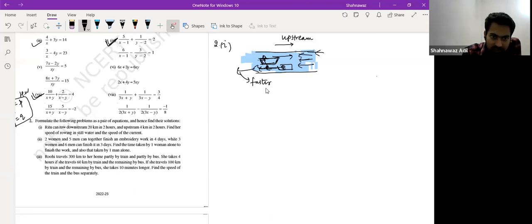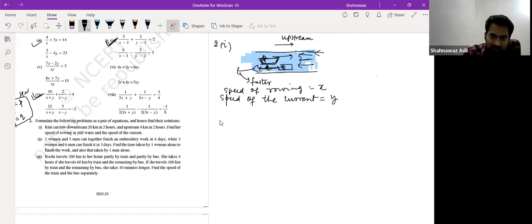Upstream and downstream, and the flow of the river, so the speed of the current. We have to calculate the velocity in upstream and downstream. So speed of the current, let's say y, and speed of the rowing, this is x, right?